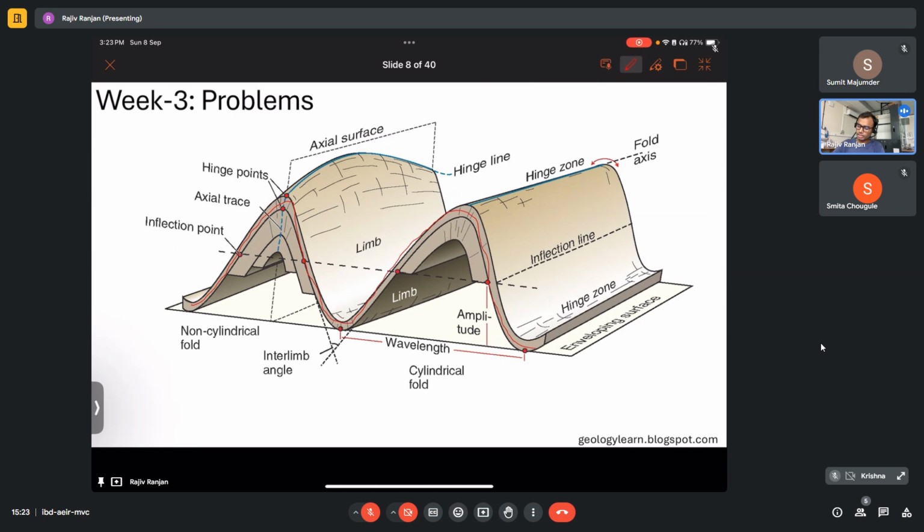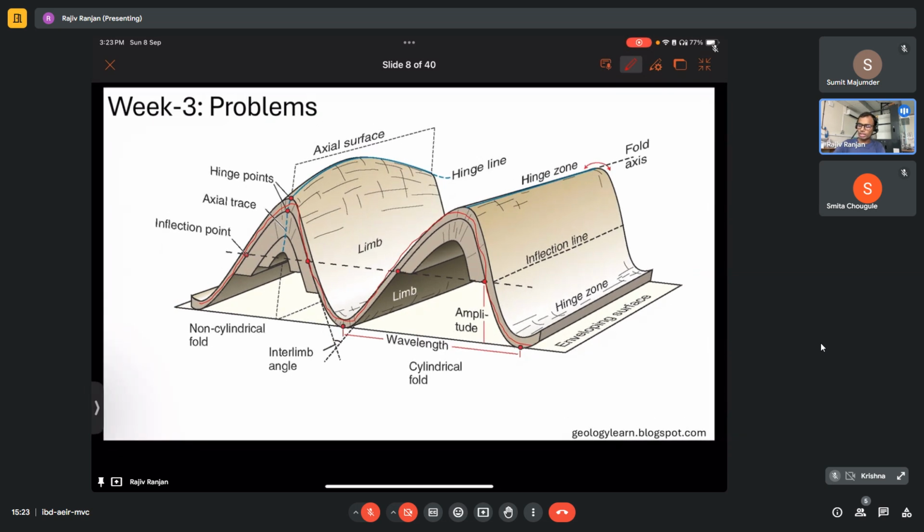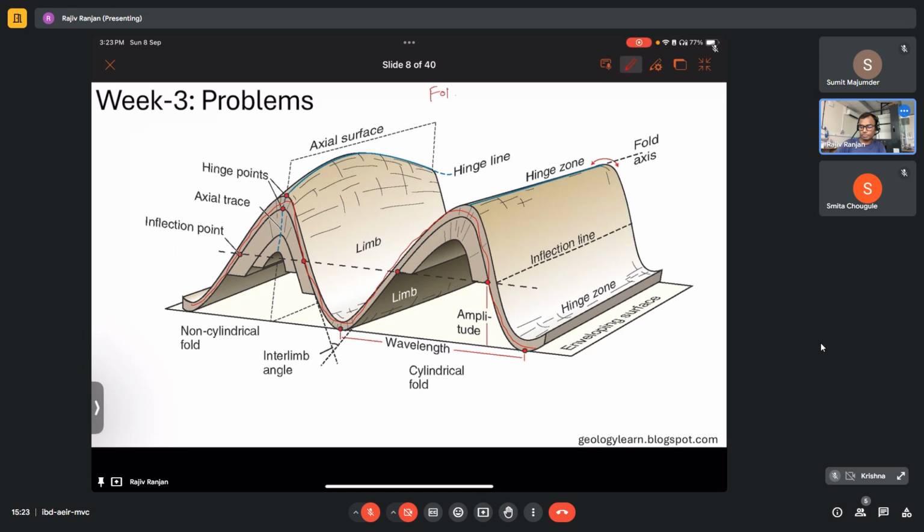We know that a fold has two limbs, right? Two limbs make it a fold. So this is one limb, and this is the second limb. We have two limbs in a fold.